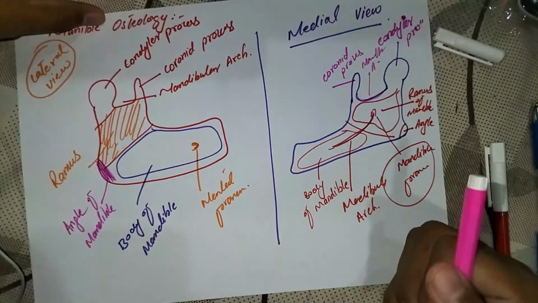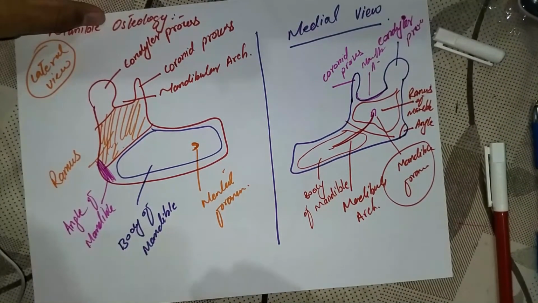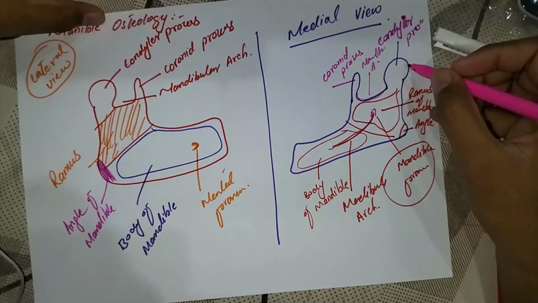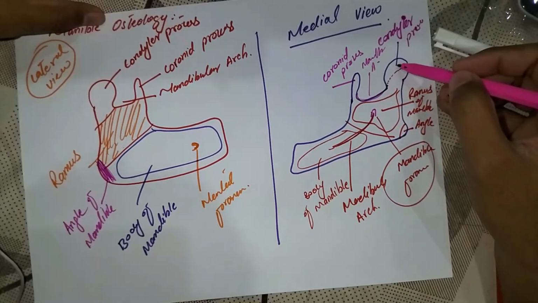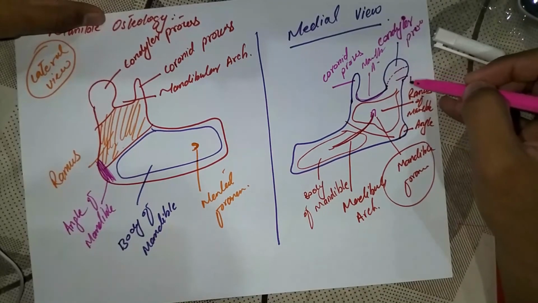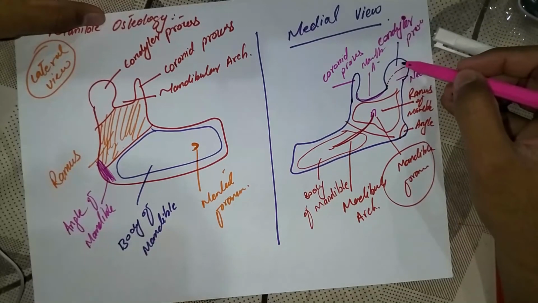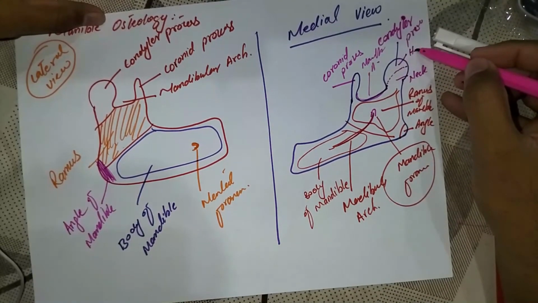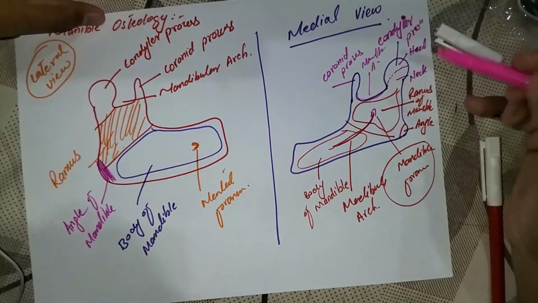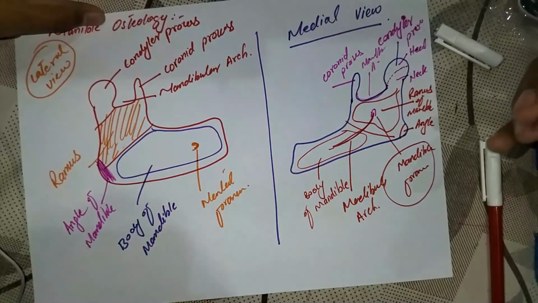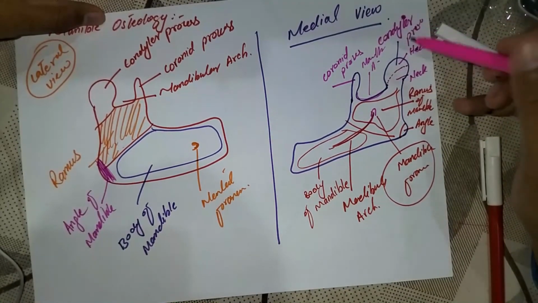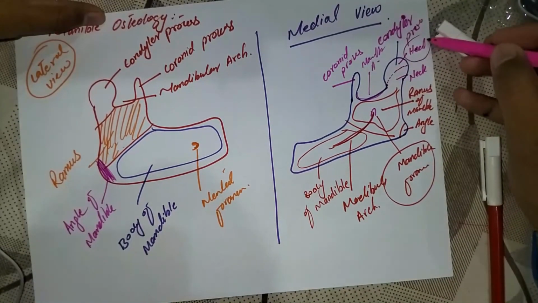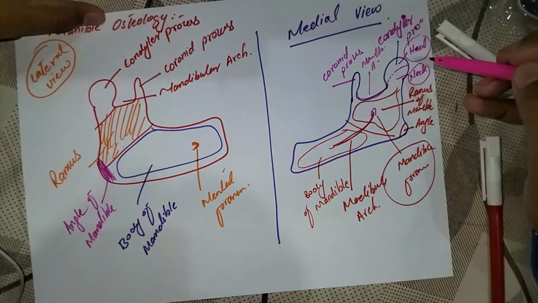And on the medial side, when we look at the condylar process, it has a neck and a head. Now we can say that the condylar process on the medial side is divided by a ridge into two parts, the head and the neck.